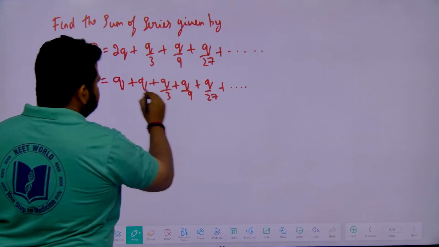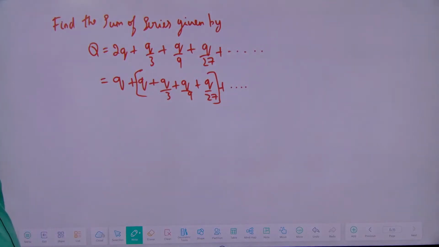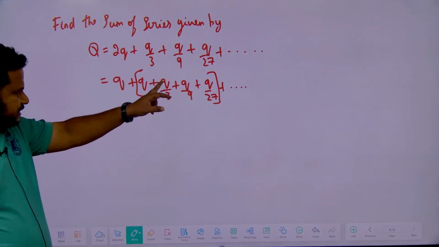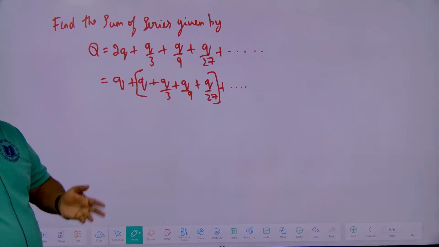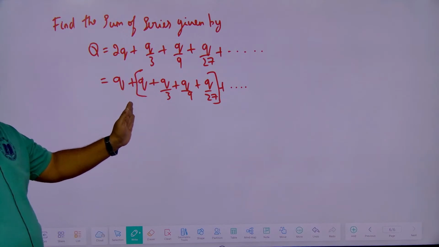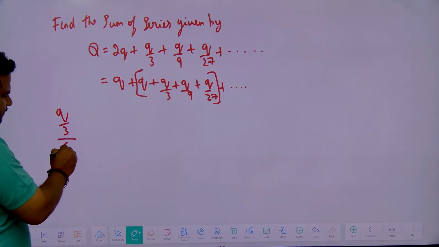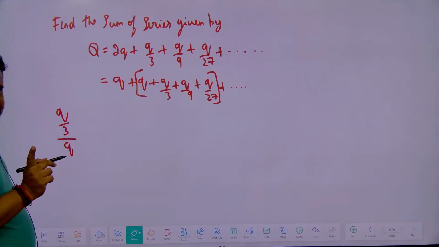So see here, this is what we got. Now to find the common ratio, what you have to do is this one divided by this one. For common difference, second number minus first number. Same way, second number divided by first number you have to do here. Q by 3 divided by Q. I told you fractional division.